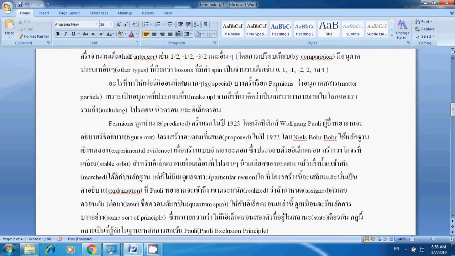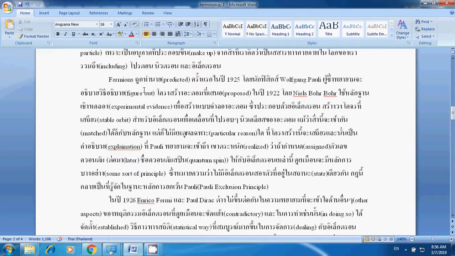Sometimes we call a fermion a matter particle, because it is the particle that makes up the physical matter in our world, including proton, neutron, and electron.